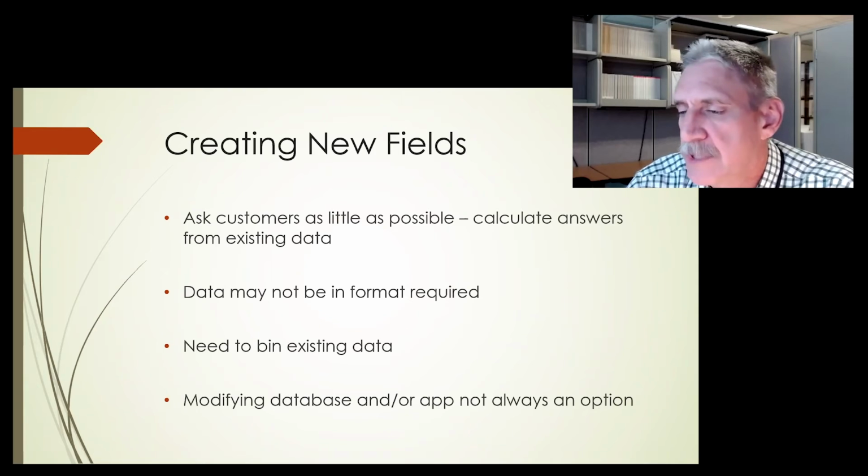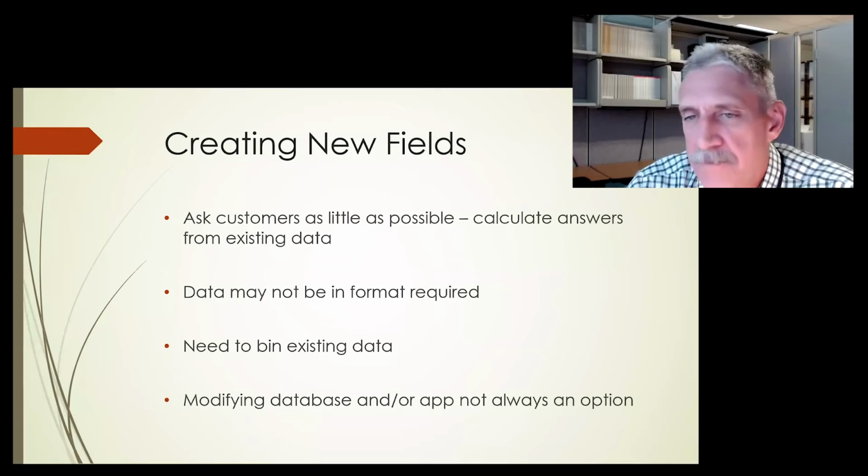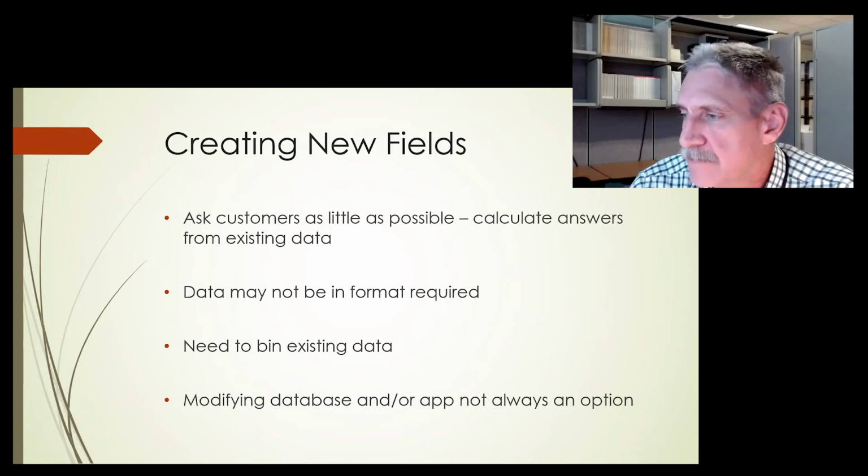So you'd want to bin it. You might need to modify the database or an app, but that's usually not an option. For any big data set, you can assume that it's going to be a big company, which means that you're going to have separate people doing each of these functions. So you're going to have to do it on the fly. You can't get it corrected at the raw data level.